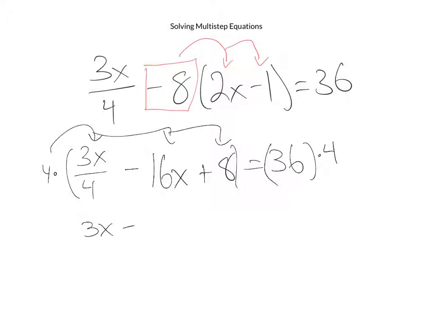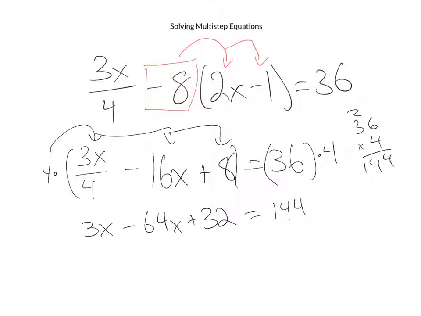Mental math. 64x, and 4 times 8 is 32. Equals, and then 36 times 4, 144. Now we can combine our like terms, and we end up with negative 61x plus 32 equals 144.